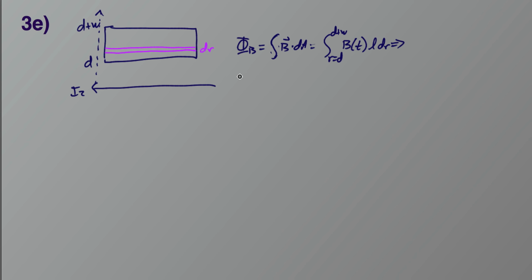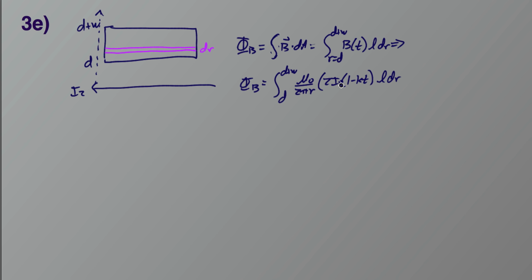Which implies then that our flux is going to be the integral from d to d plus w of our magnetic field, which is going to be B of t, mu naught I over 2 pi r, where I is 2 I naught times 1 minus kt, the magnetic field due to a wire, mu naught I over 2 pi r, times L dr. Looks a little scary, but really a lot of that's constants.